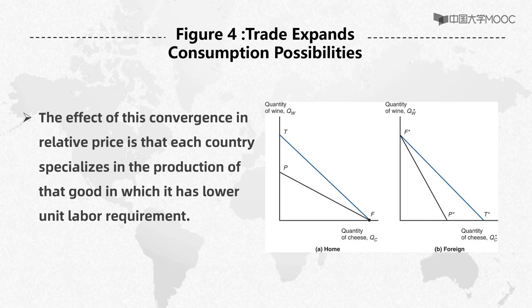The rise in the relative price of cheese in home will lead home to specialize in cheese, enlarging its production to point F, while the fall in the relative price of cheese in foreign will lead foreign to specialize in wine, enlarging its production to point F star. Please look at figure 4.